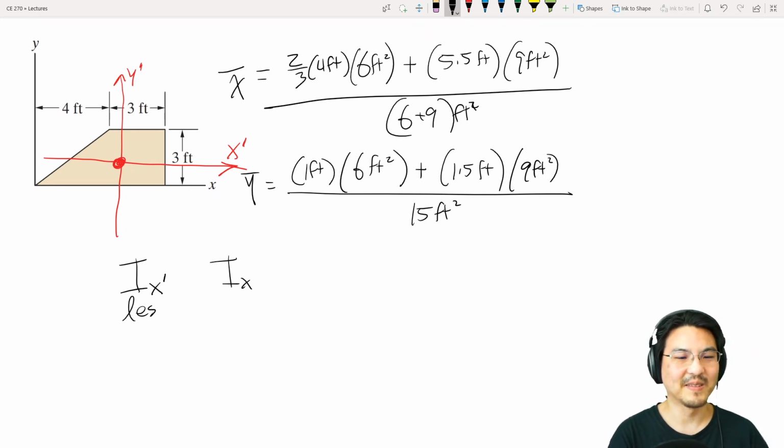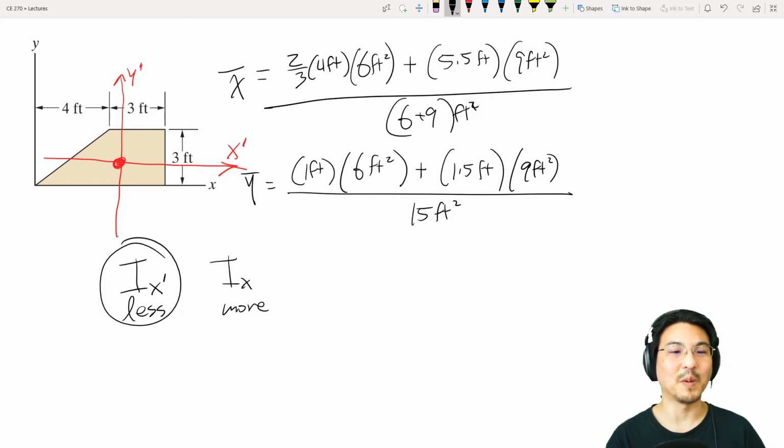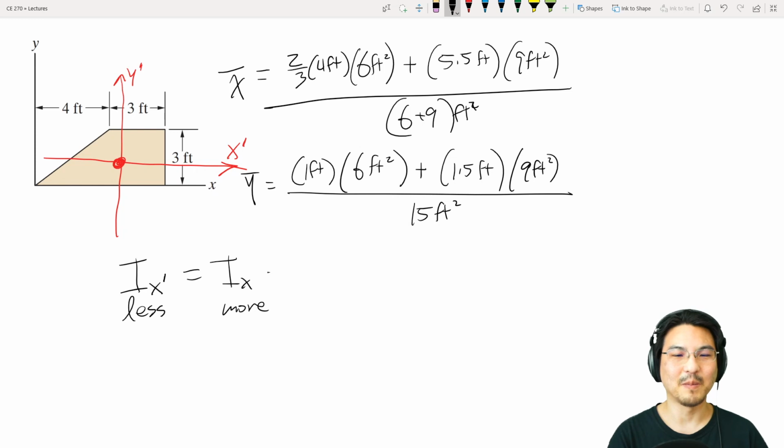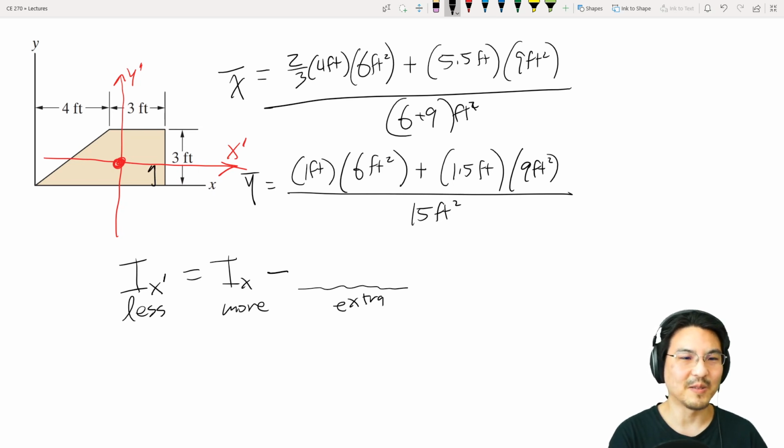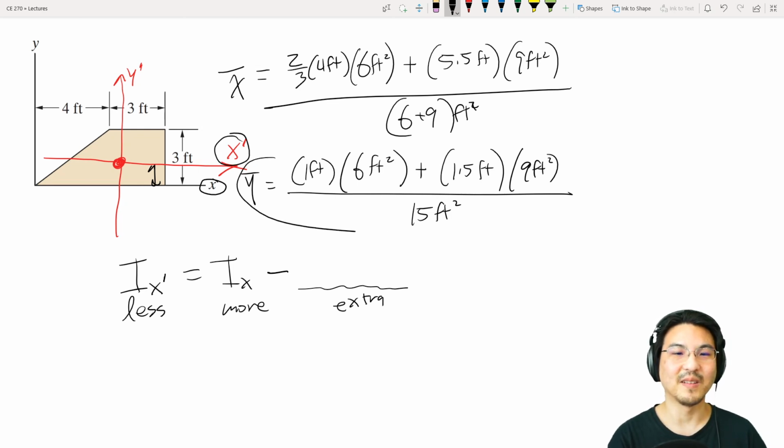This is less, this is more, right? Because about the centroid is a minimum. So that means minus some extra. How much is that? The distance between these two axes, between x and x prime, right? Which is this answer we just got right here, times the area of the composite.